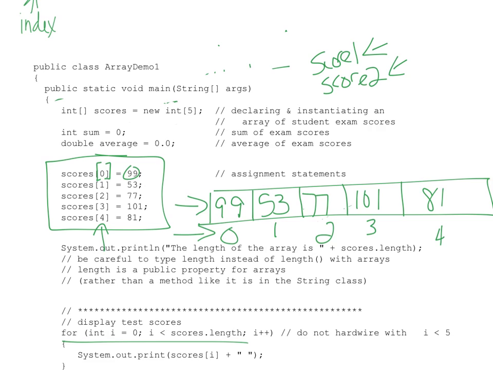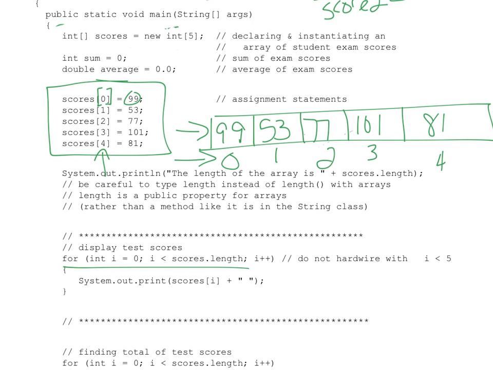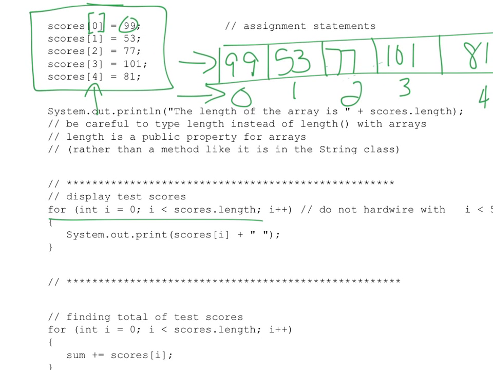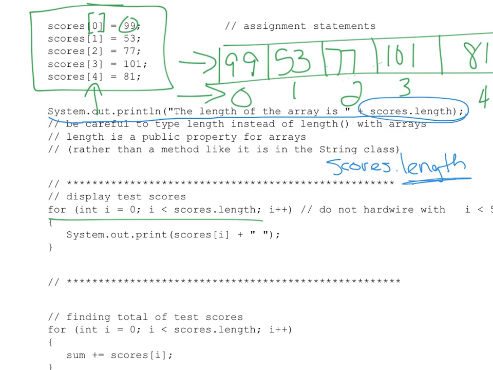Okay, the last thing I want to do before I go into the computer is I want to show you the length. Okay, so if we come down here, you'll see this code right here. I can't erase it now because of the wonderfulness of this program I use. But this line right here and that. So scores is the name of our array. And you'll notice that it has dot length. What you have to be aware of is that length is not a method.